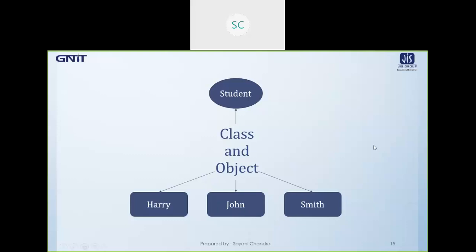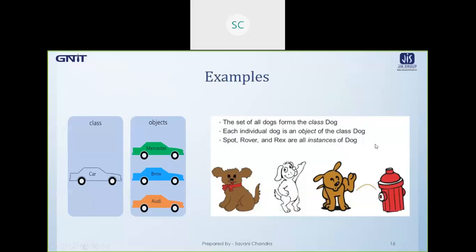Now, let's take some other examples. As we can see on the left hand side, there is a class called car. We know that a car has many properties, like four wheels, a steering, a gearbox, an engine number, a chassis number, and so on. Next, we can see the objects of the car class. We can see a Mercedes car, a BMW car, and an Audi car.